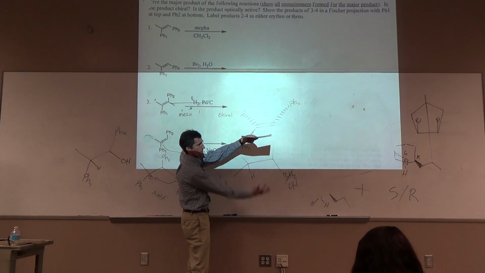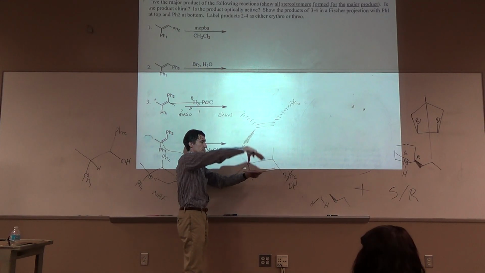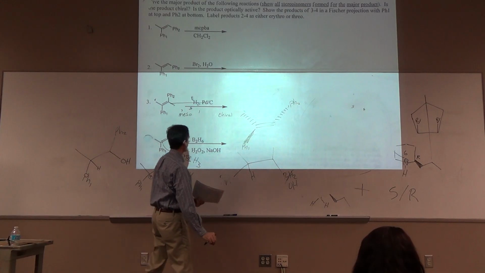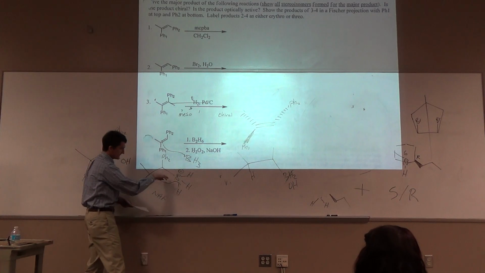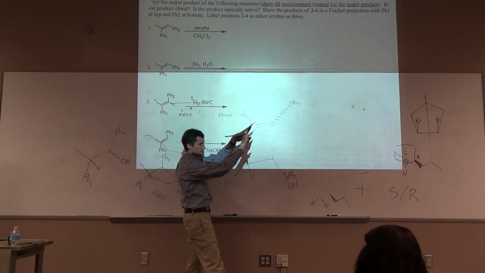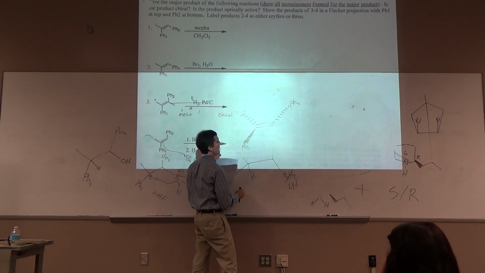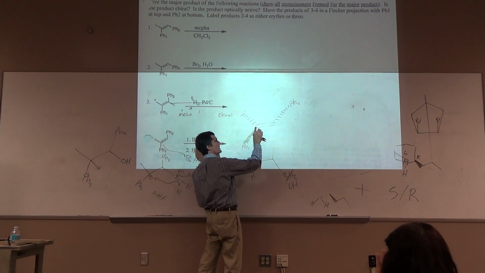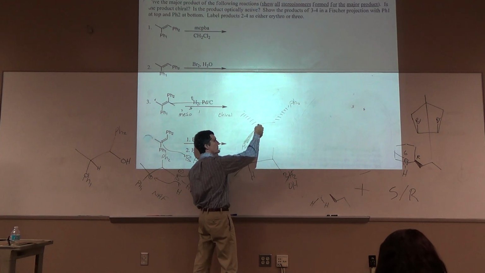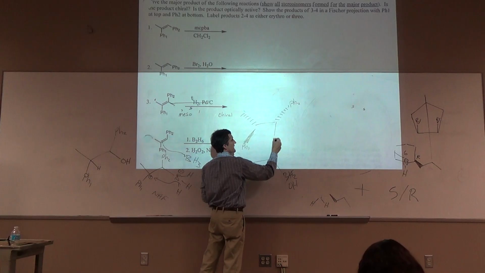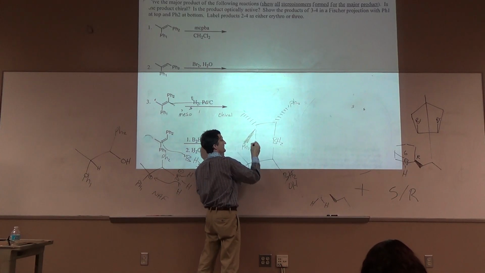Now we can come in from straight up or straight down. This alkene can attack the boron and it throws the H back and both bonds would be down. And so what I would do is get rid of this and put both bonds straight down. BH2 straight down, H straight down.